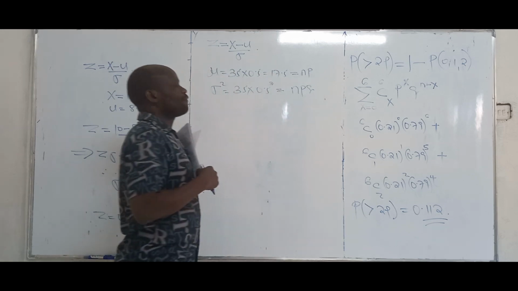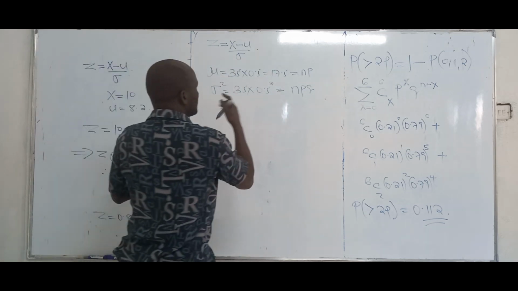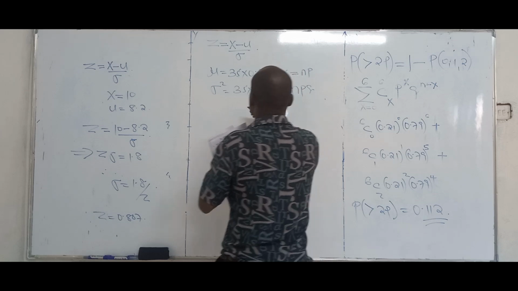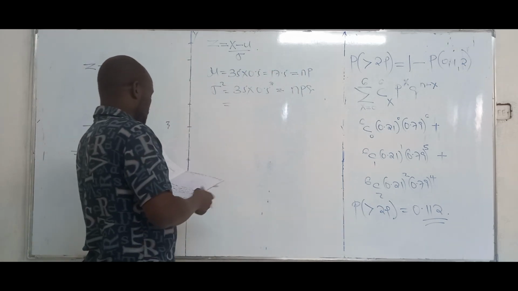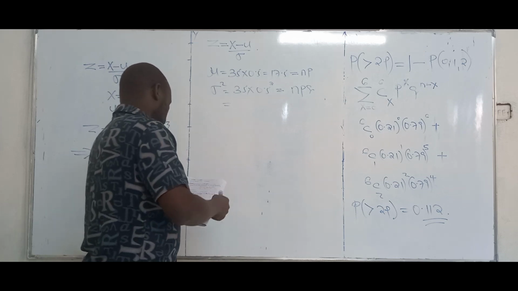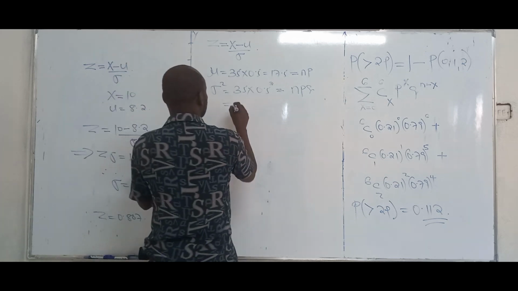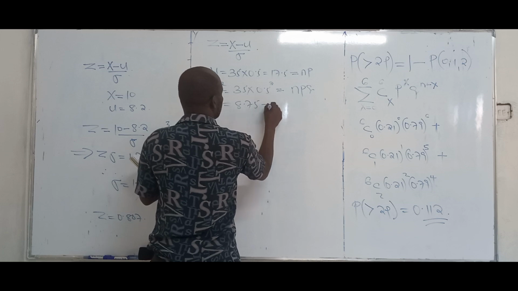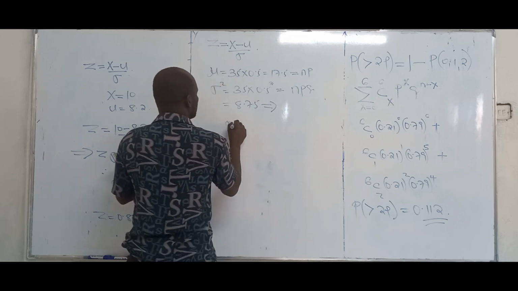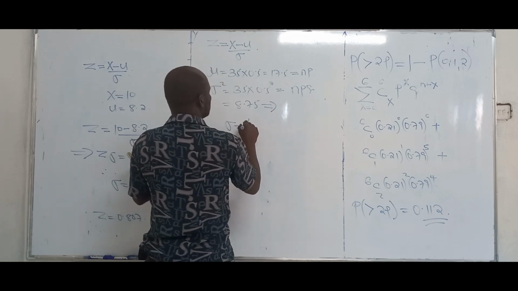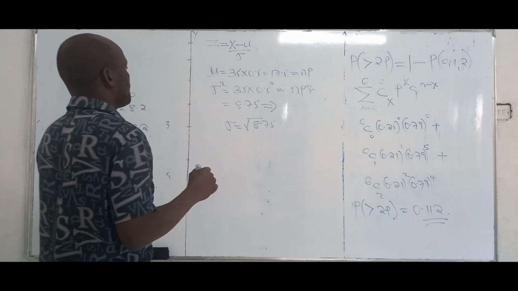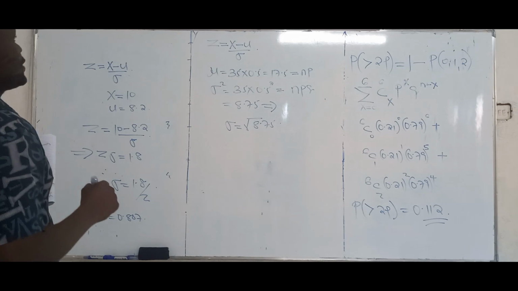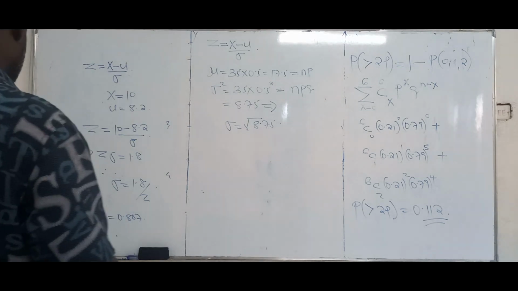That's why we have 0.5 squared. Now 0.5 squared times 35 should give us 8.75, implying that sigma, which is the standard deviation, is the root of 8.75.